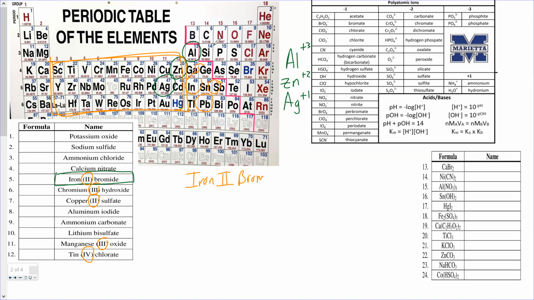Somebody tell me the symbol for iron. Fe, excellent. Fe is the symbol for iron. This 2 tells me its charge. Is that a +2 or a -2? It is positive because the first one is always positive when we're doing ionic. It's always positive first.